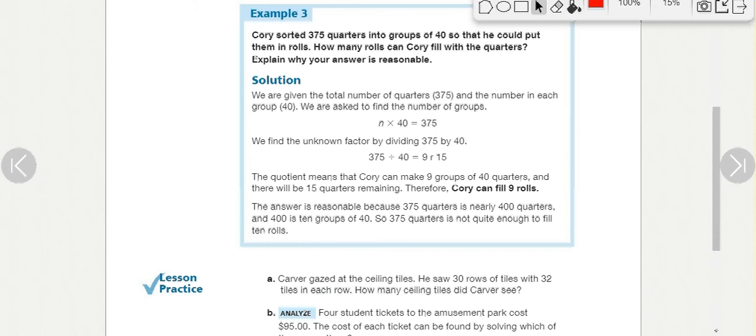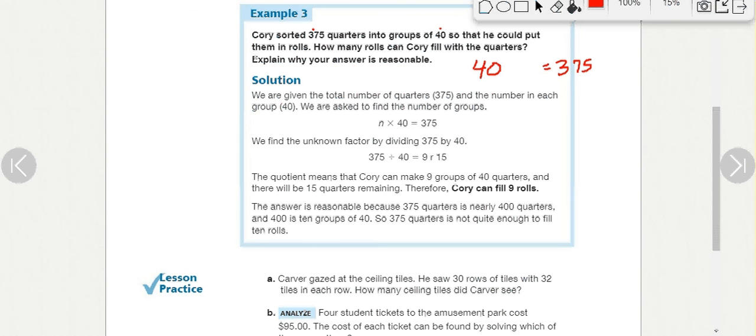Example 3, we'll practice that. Corey's sorting his 375 quarters into groups of 40. Okay, so we know number of groups is 40. We know his total is 375, but we really don't know yet how many he's putting into each, because we don't know he's using a set roll.